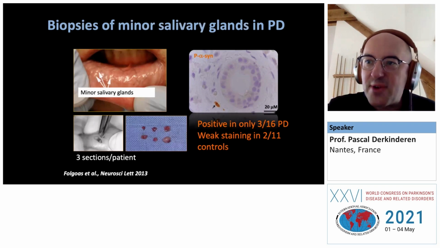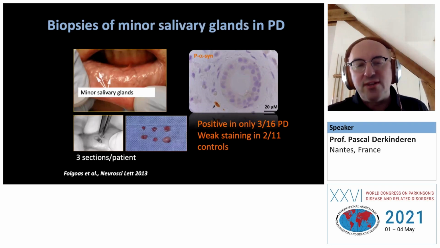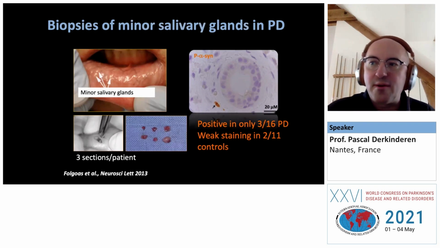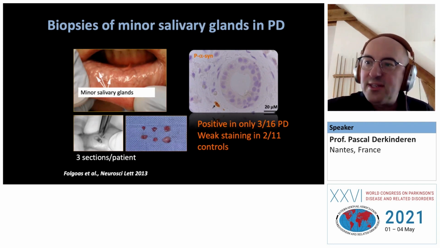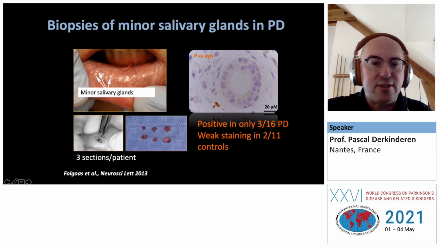The minor salivary glands are more easily accessible than the submandibular glands in clinical practice. This logically led us to analyze the minor salivary glands for the presence of PSH in PD patients. That's something we did a few years ago in the lab.